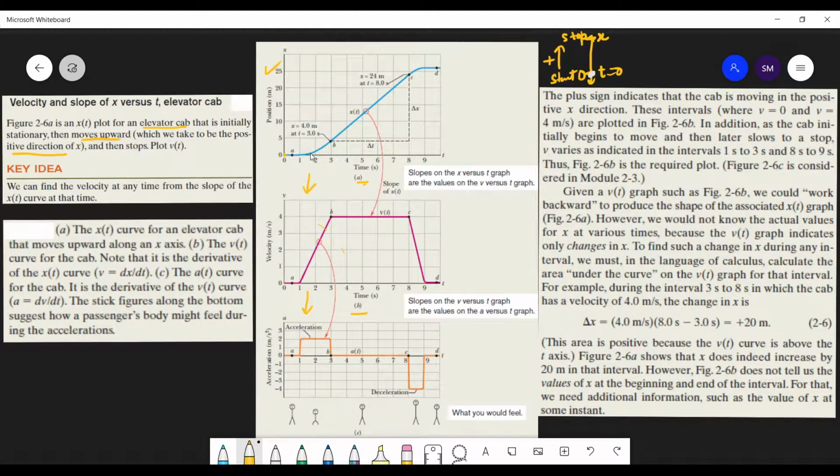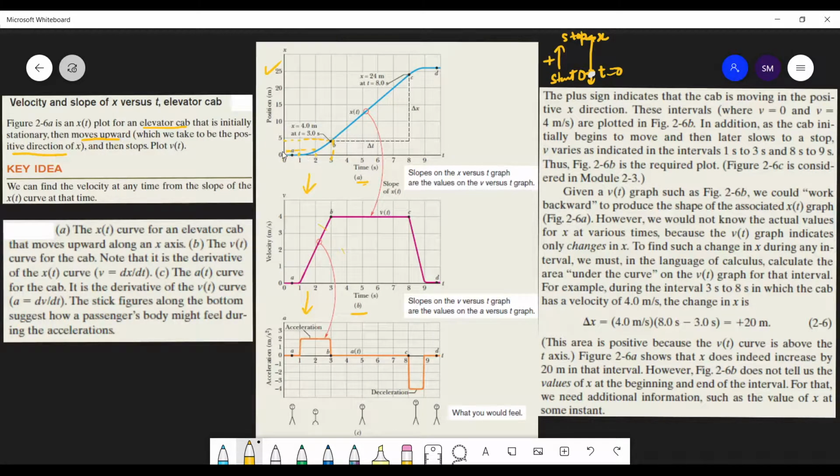Up to even 1 second, not much position has changed. But at 2 you can see the position has changed. At 3, you can see a huge difference in the position change in 1 second.